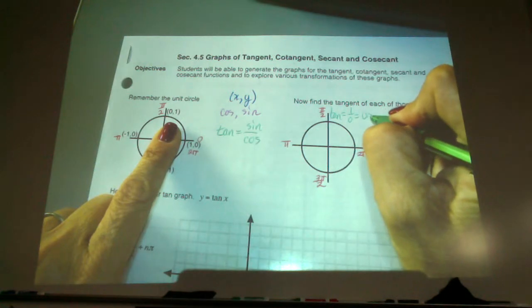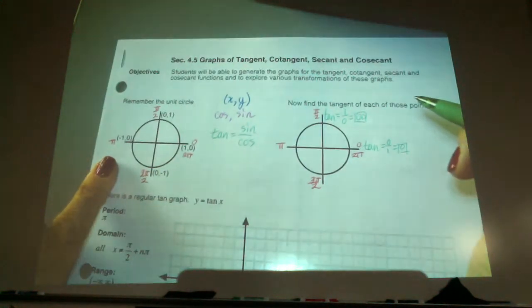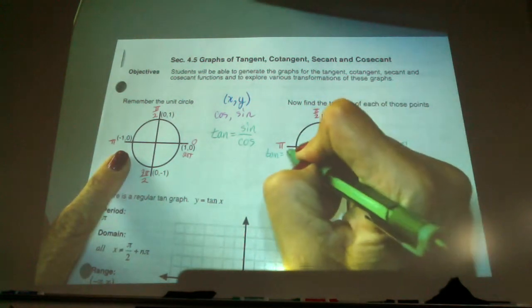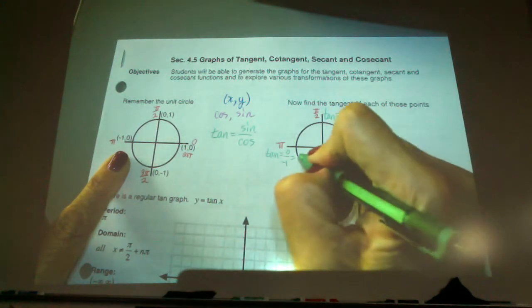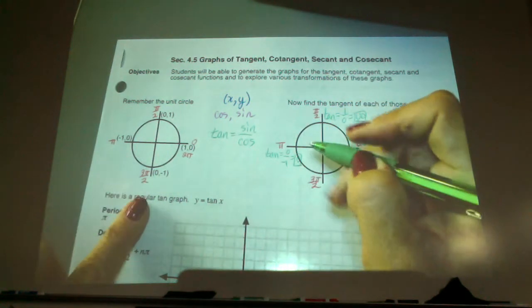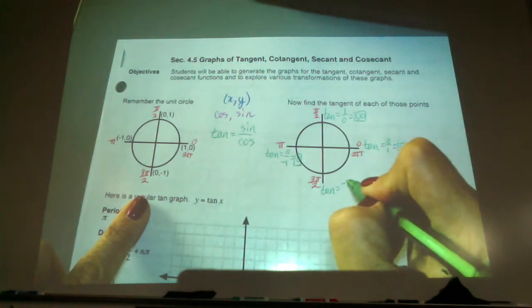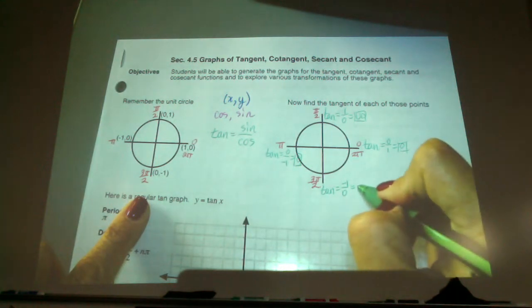Undefined. So UD, undefined. At pi, tangent is equal to 0 over negative 1, which is what value? 0. And at 3 pi over 2, tangent is equal to negative 1 over 0, which is what value? Undefined.